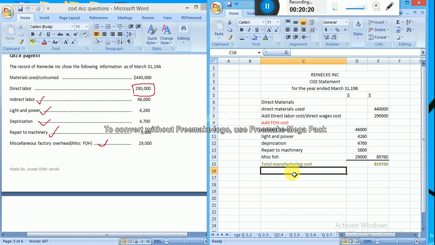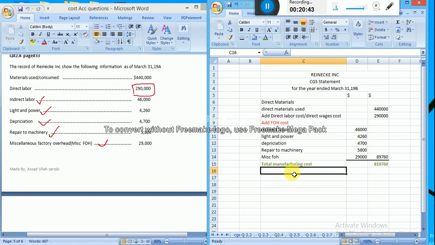Our current year is 19B. So it means that during the year 19B, the 8,19,760 work in process we put into process.